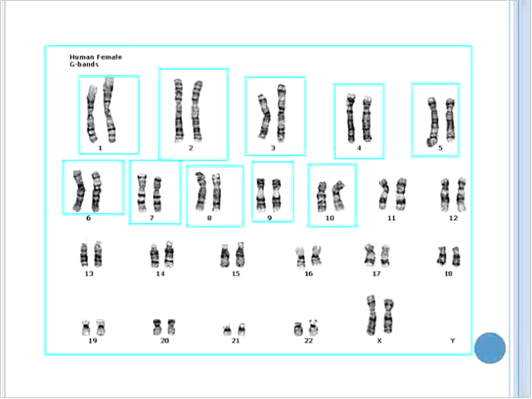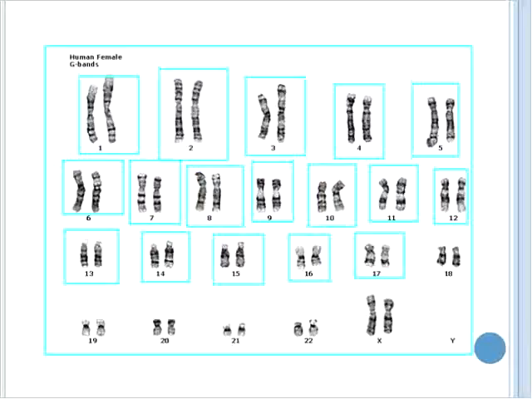Each of these chromosome pairs, which I'm placing squares around, represents what typically should be there if the karyotype is quote-unquote normal. You also have, on the last set, a set of dissimilar chromosomes, which represent the sex chromosomes. In this case, because the individual is XX, what we have here is a female.